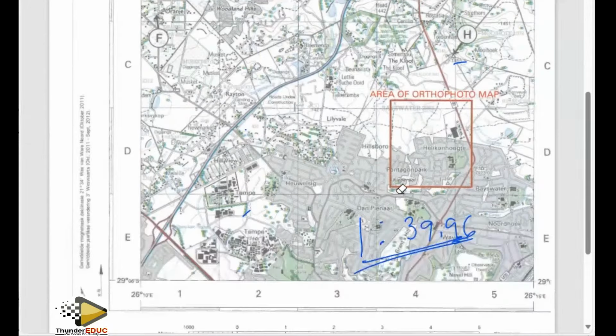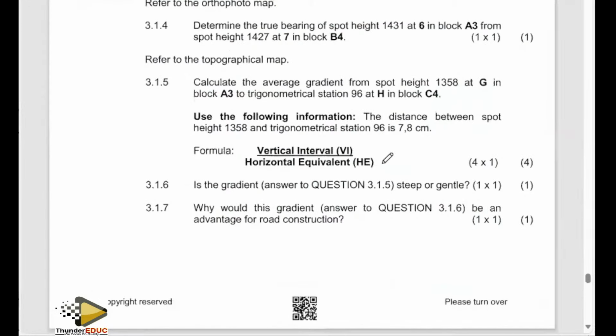Our ratio is 1 is to 39.96. A gradient which starts from 1 is to 30 is starting to become gentle. One which is less than 30, we regard as generally steeper. But if the value of the denominator is 30 and above, that becomes a gentle gradient. Given that this one is 39.96, which is almost 1 is to 40, we can safely say it's a gentle gradient.